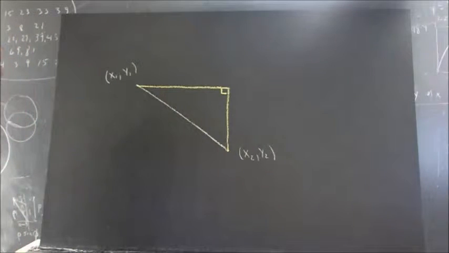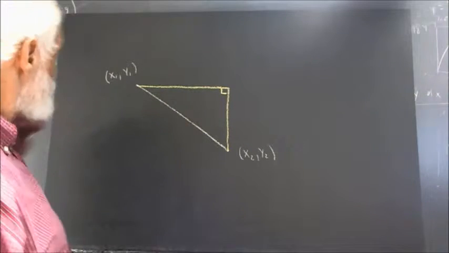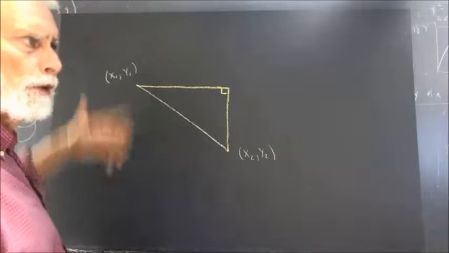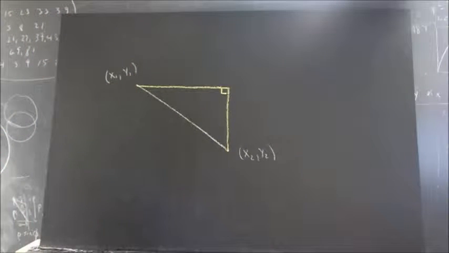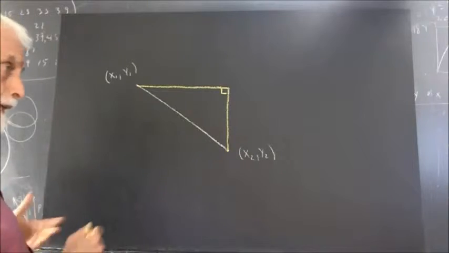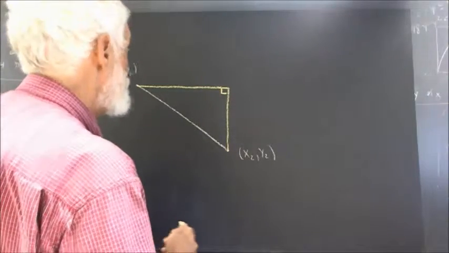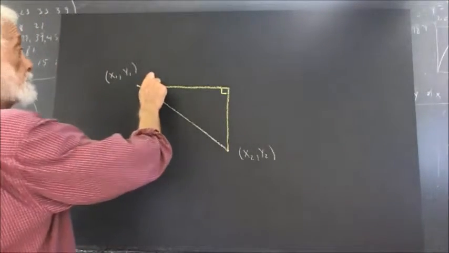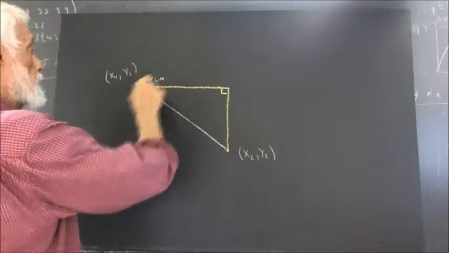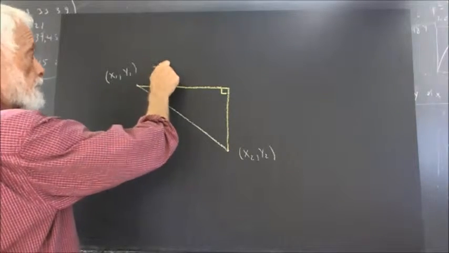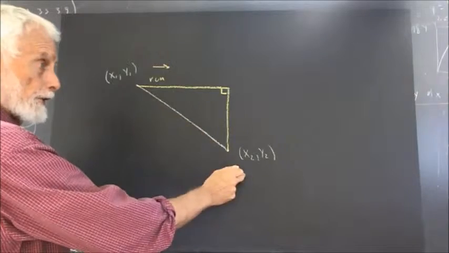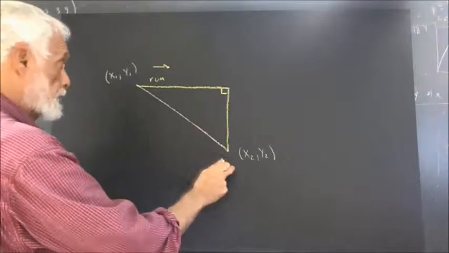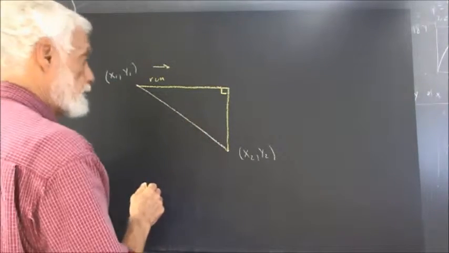Now, in symbols, let's talk run and rise. I could talk directed distance, but I'm just going to talk run and rise since we've talked about what all that means. The run is in this direction if we go from this point to this point, from the first to the second, and that's usually the order we'll think of it in.